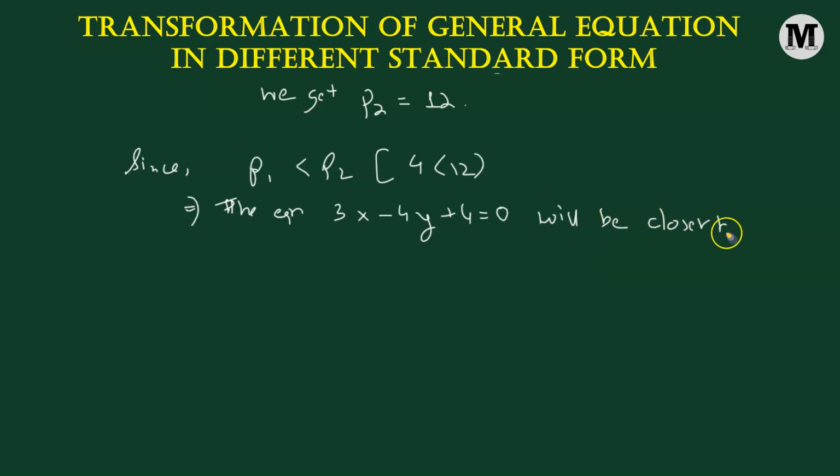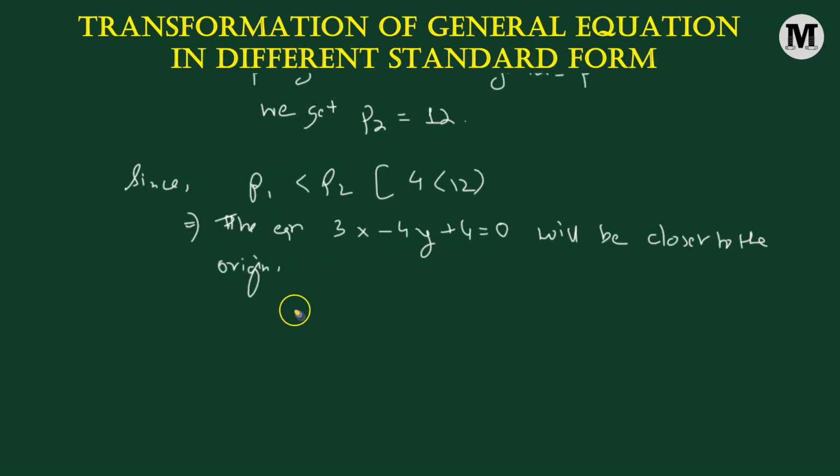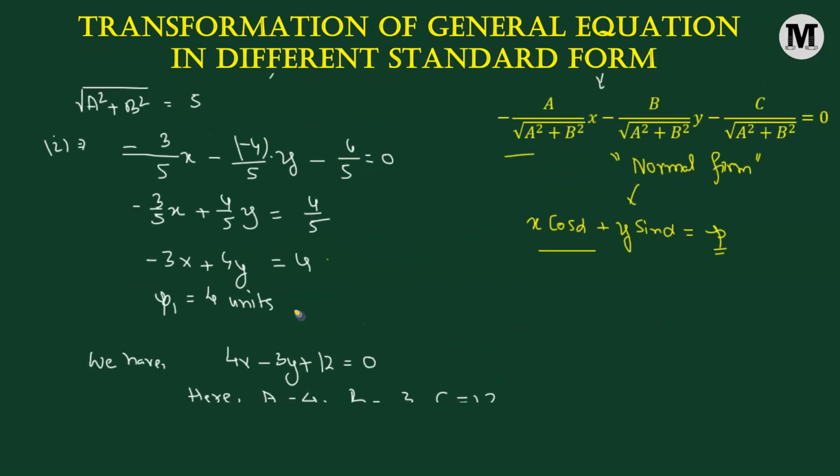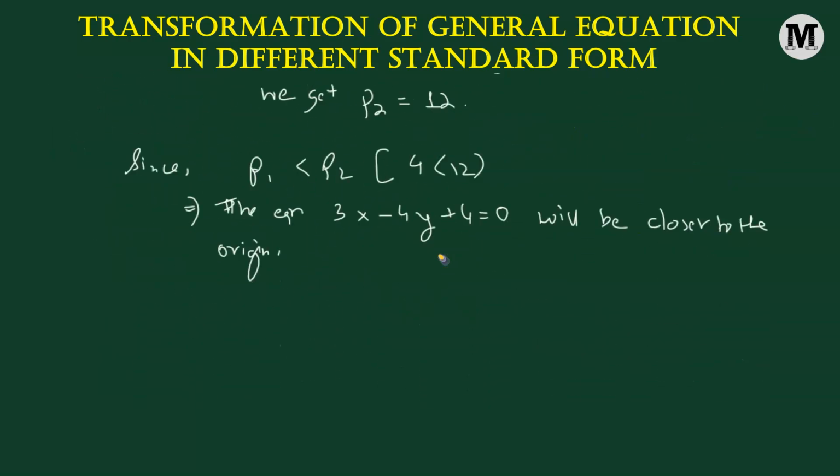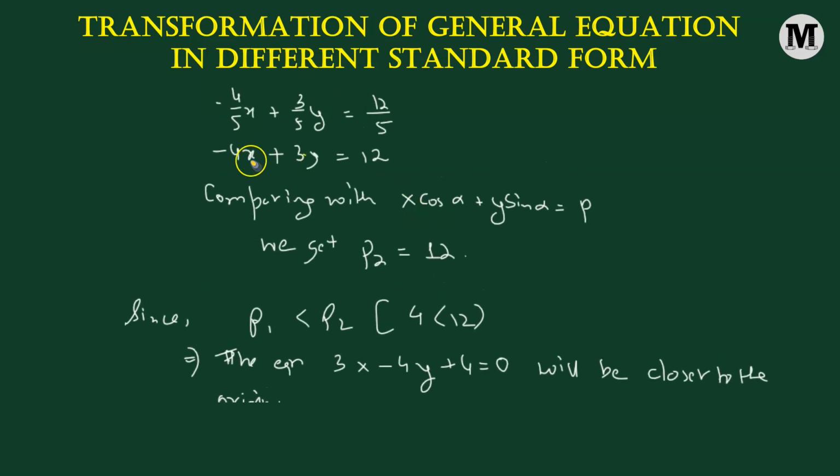For the first line, this is the normal form of the line. It's very important that we do not divide it by 5. So this is the normal form of the first line. And then the other equation, where we obtained negative 4 over 5x plus 3 over 5y equals 12 over 5, is the normal form of the other line.